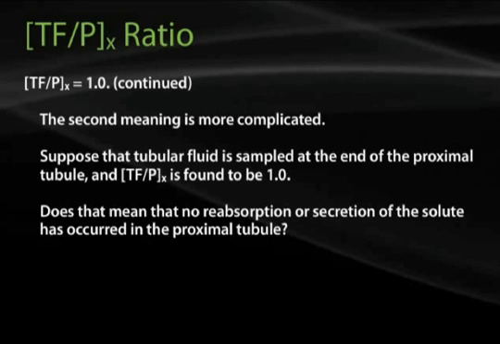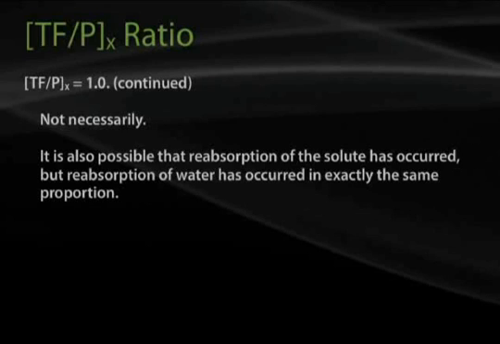The second meaning is more complicated. Suppose that tubular fluid is sampled at the end of the proximal tubule, and the tubular fluid to plasma concentration is found to be 1.0. Does that mean that no reabsorption or secretion of the solute has occurred in the proximal tubule? Not necessarily. It is also possible that reabsorption of the solute has occurred, but in exactly the same proportion as water.